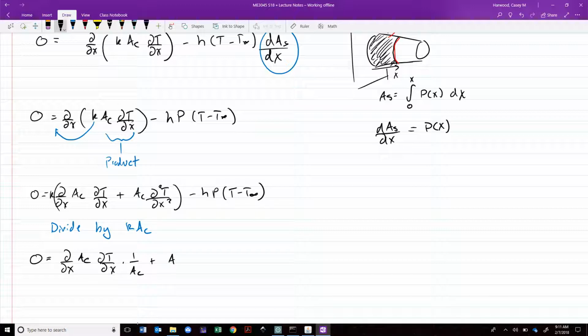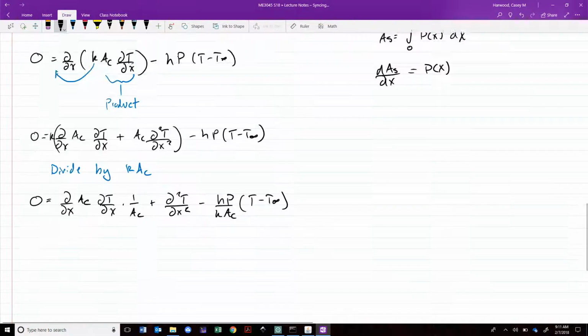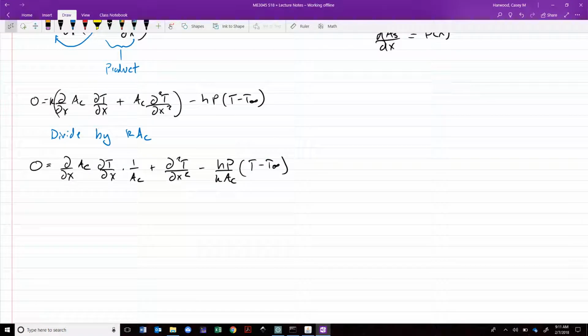AC plus d t over dx squared minus hP over k AC (T minus T infinity). Okay, so now let's do a little bit of rearranging to clean it up.